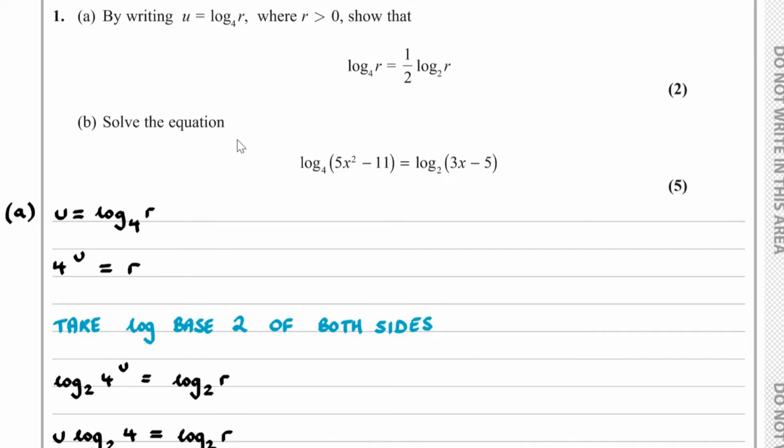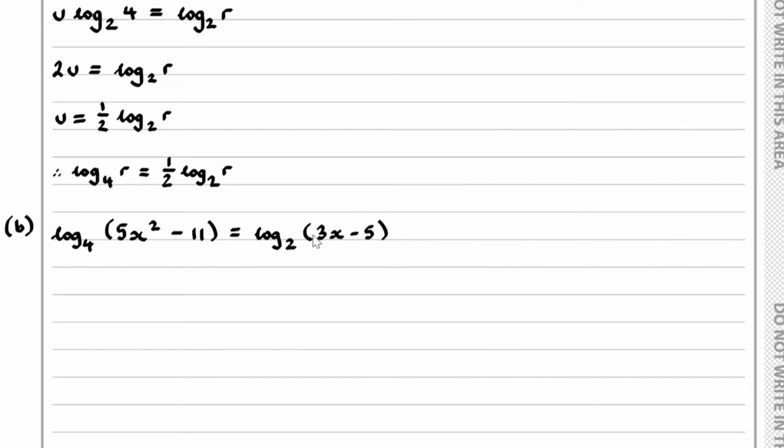For part B of the question, we have to solve the equation log base 4 of 5x squared minus 11 equals log base 2 of 3x minus 5. So with this equation, you will first of all notice that the bases are different. Now we begin this question by anti-logging both sides.